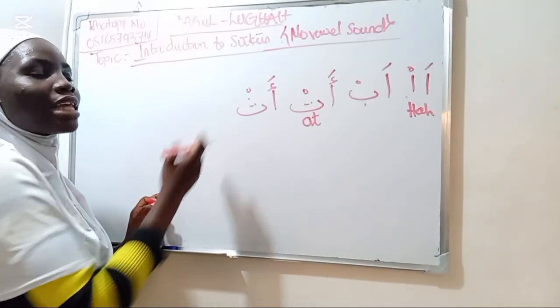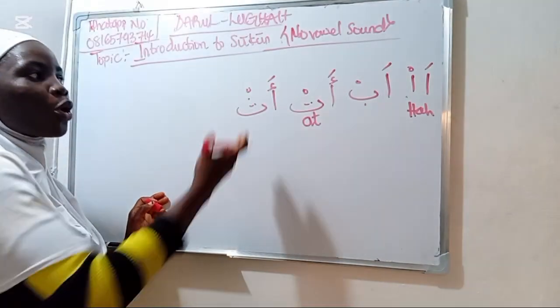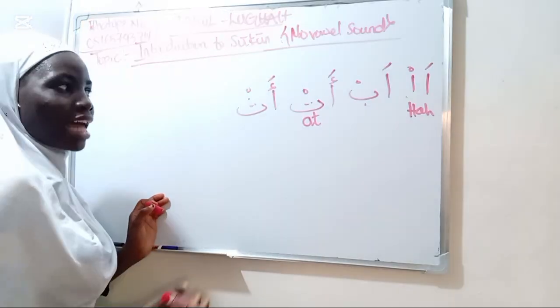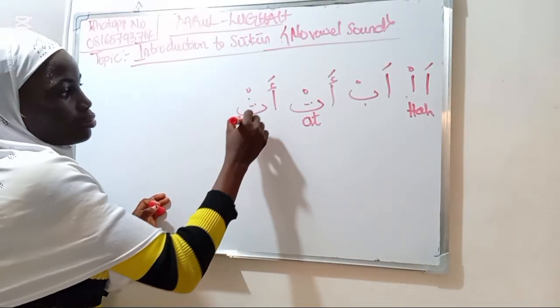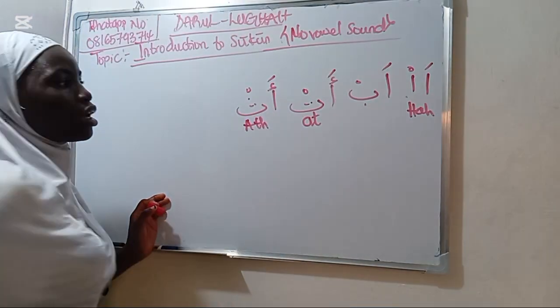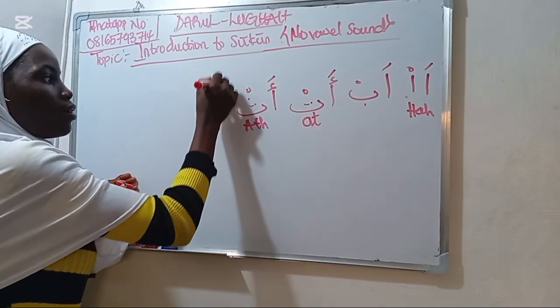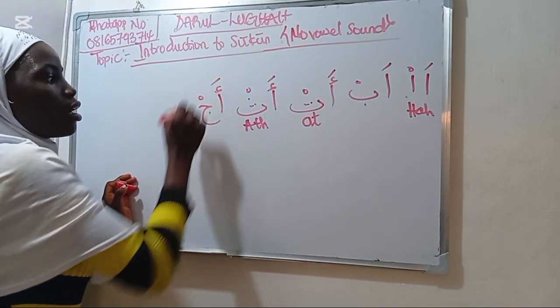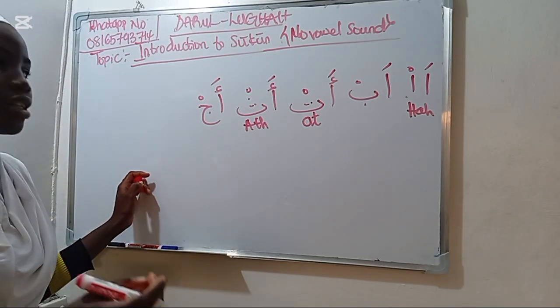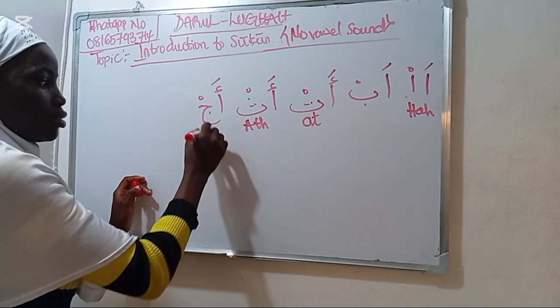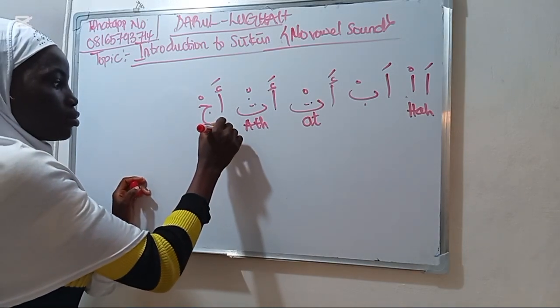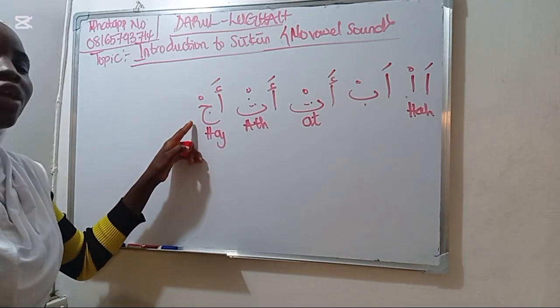You know letter Fa sound. So pronouncing the A and Fa together, that will give you Af. Alif Fatiha Jim Sukun, Jim sound, that's Aj.